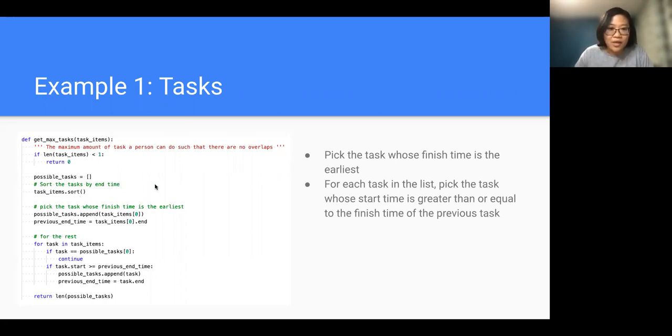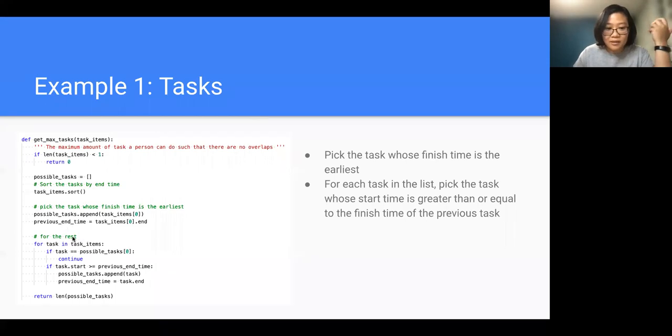So we sort the tasks, and immediately the first item in your list, since you have your list of things and you're going to go through them, is obviously the task whose finish time is the earliest. So we pick that one and add it to my list of possible tasks.